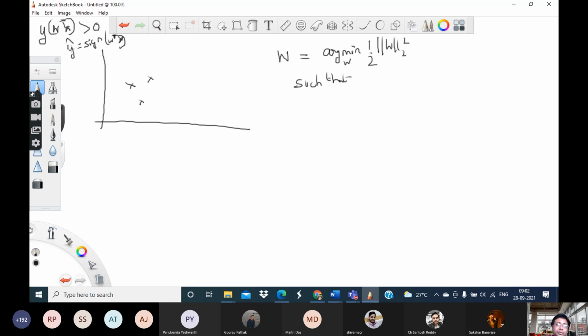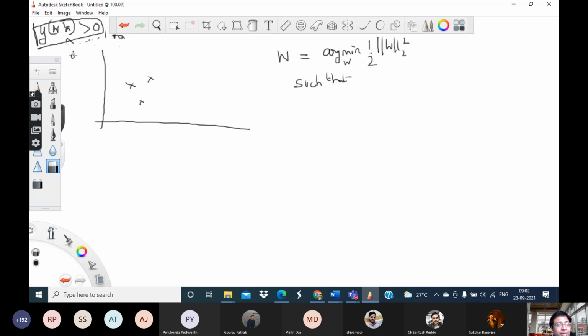So y and y hat are not matching. The predicted value y hat and the true value y will be equal if and only if this condition is satisfied.